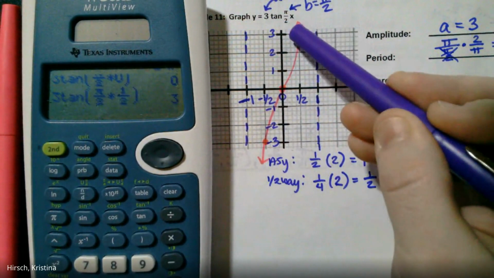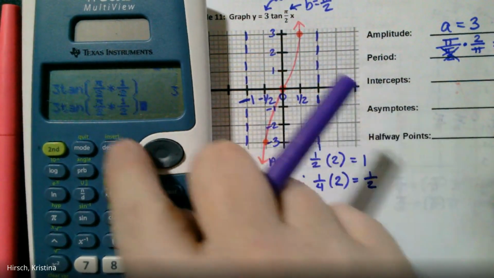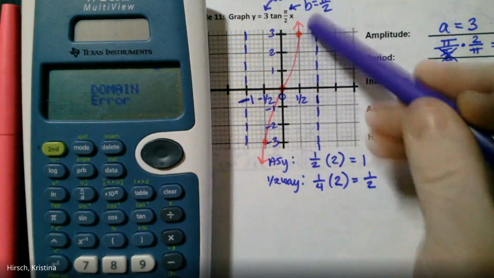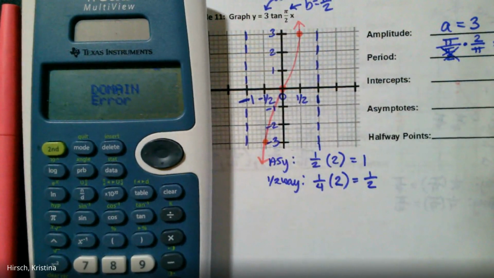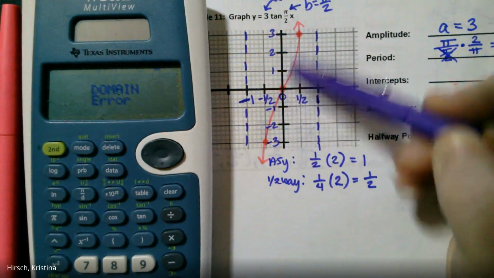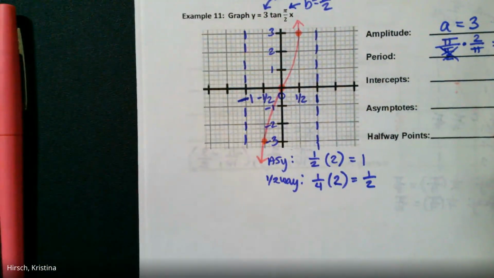And I got +3, so that's where that point comes from. And then if I do it again at +1, I'm going to get a domain error because it's an asymptote. And that's what happened. I got a domain error. Okay, so I just wanted to show you that you don't necessarily have to remember exactly how it goes. Okay, it does save a whole lot of time, but you could definitely use your calculator to secure those points as well.